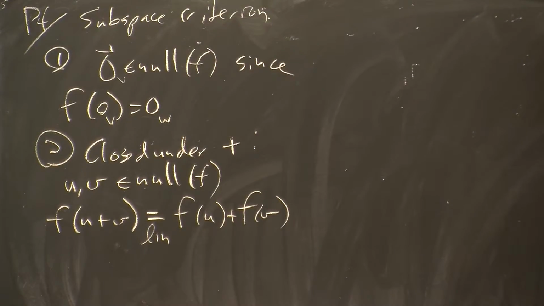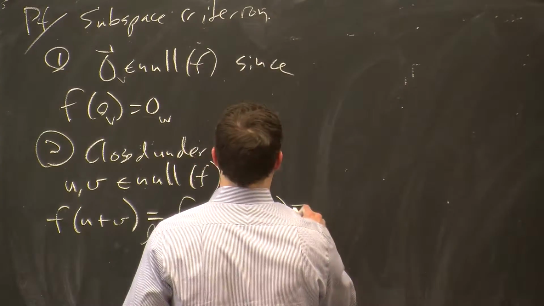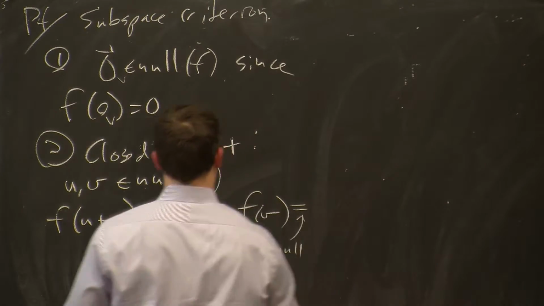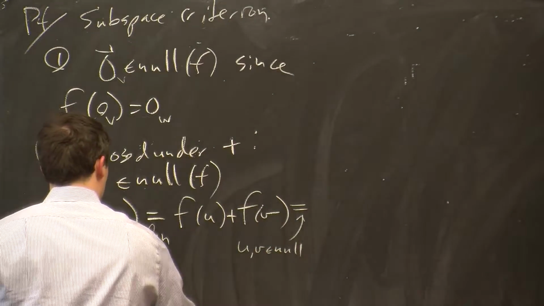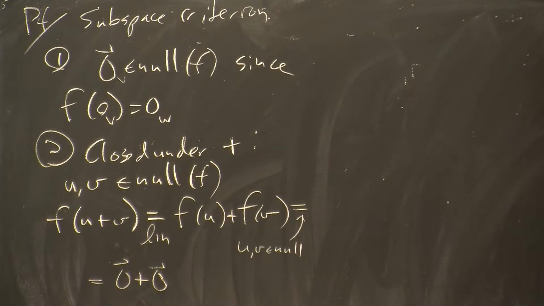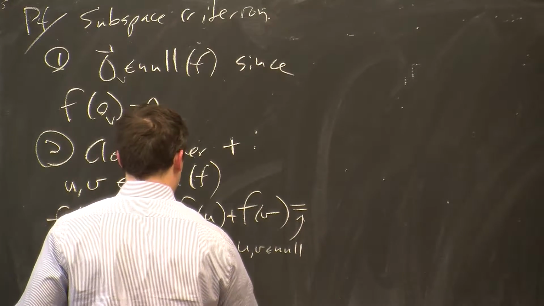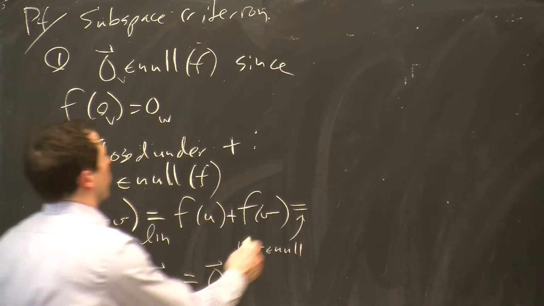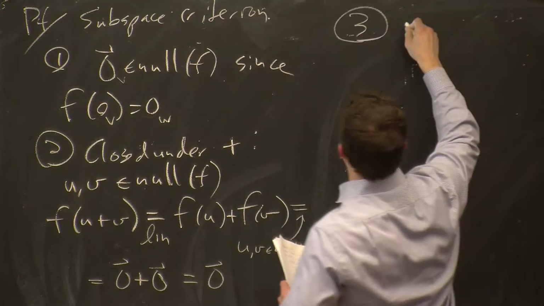Since u and v are in the null space, that's equal to 0 plus 0. And by the additive identity in W, that's the 0 vector. Great, so it's closed under addition. And we also want to check that it's closed under scalar multiplication.